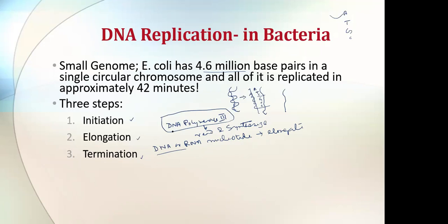So basically the problem is, to start the DNA replication, we must have a small piece of DNA or RNA nucleotide. If there is a small piece of DNA or RNA nucleotide there, and it has to be from 5' to 3', then the DNA polymerase can add the rest of the DNA nucleotides from there, and this small piece is called a primer.